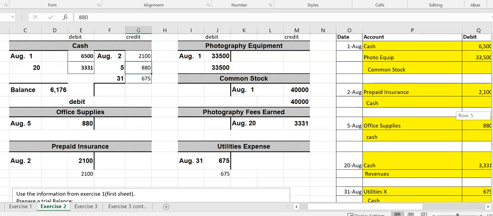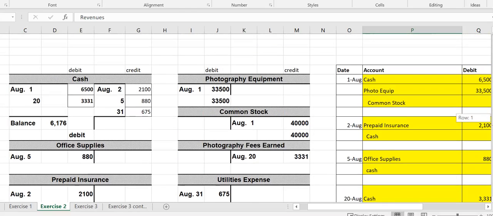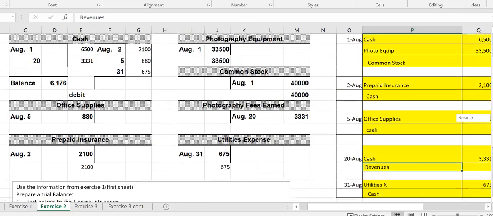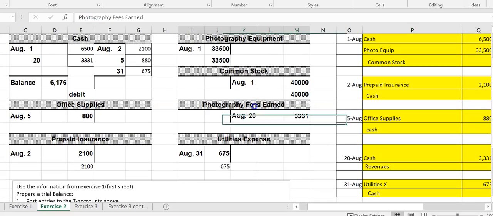Then you received some cash. You received $3,331 for services you did. So that debits cash. Revenues need to be credited. If I can find the revenues. That's odd. Oh, fees earned right here.